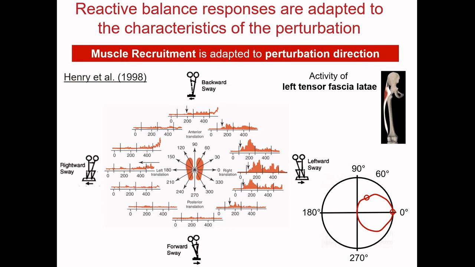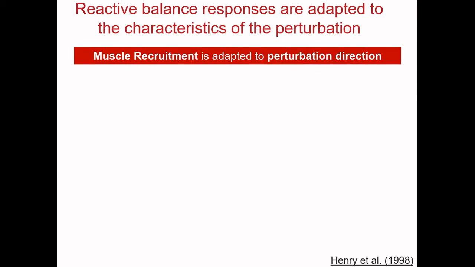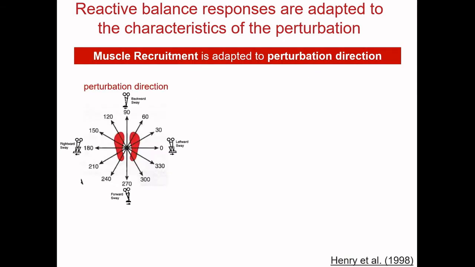Now that we understand how to create this particular type of plot, and how we're creating it for the left tensor fascial latae, let's go and look at the data for all of the muscles that were investigated in this study. Here we see all 12 of the perturbation directions that were investigated in this study.